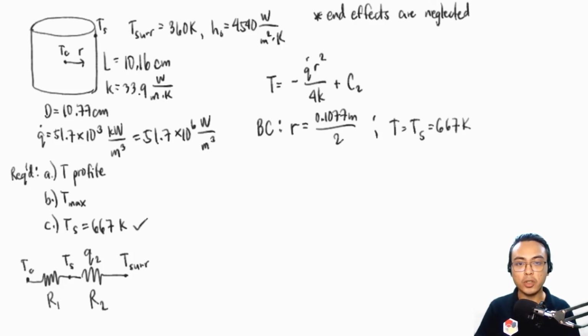Now we can substitute the value of R and surface temperature to our temperature profile along with Q dot and the thermal conductivity in order for us to determine the value of C2.